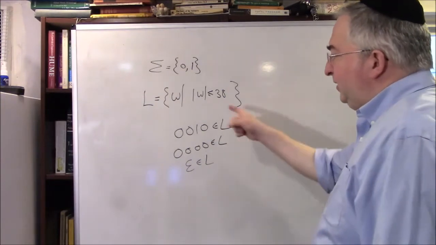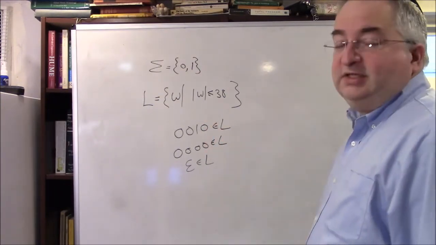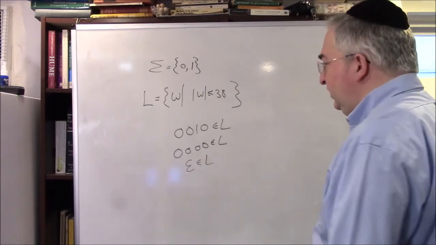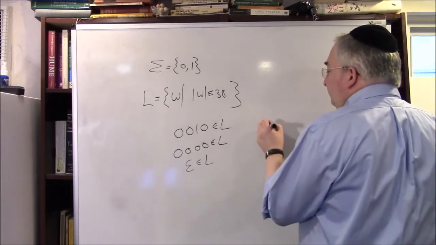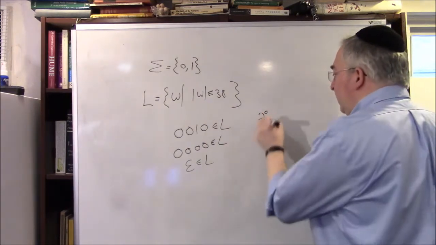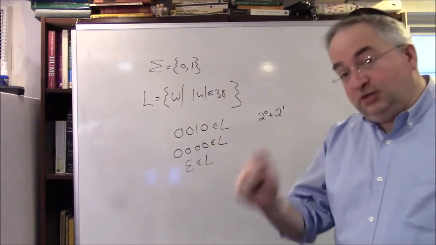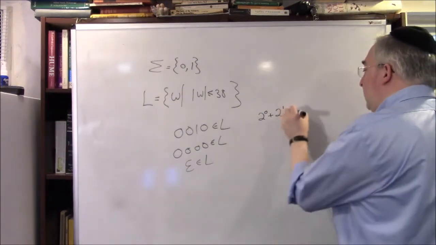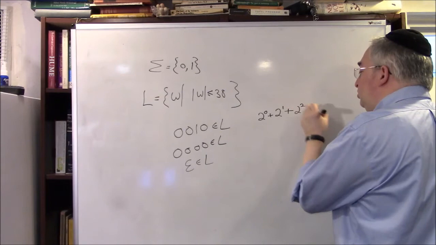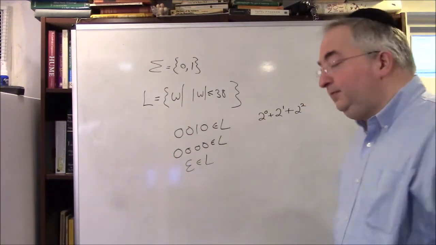How about this? This is a finite set. Question, how big is the set? Well, let's see. I could have words of length 0, I'm going to write that as that. I'm going to have words of length 1. There are 2 words of length 1, 0 and 1. Words of length 2: 00, 01, 10, 11.